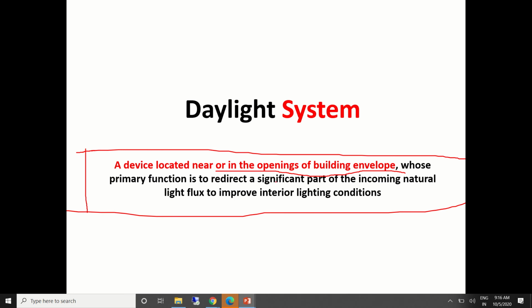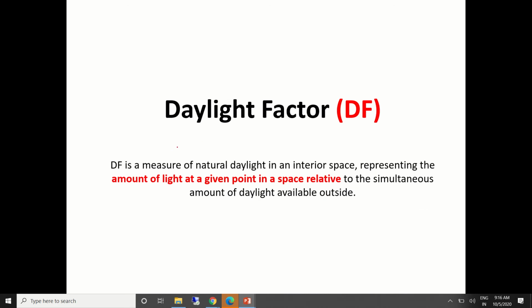So when you say daylighting system, don't think of any new technology. It is as simple as a window as well. It is a kind of system to bring in daylight. This is one of the things that we all should keep in mind.